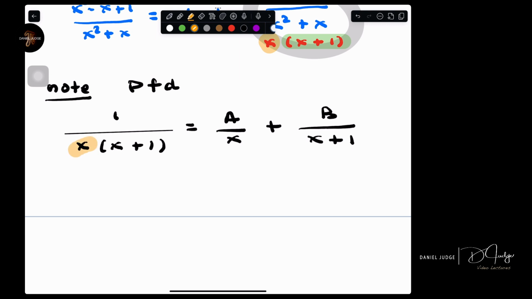You have, again, distinct linear factors.